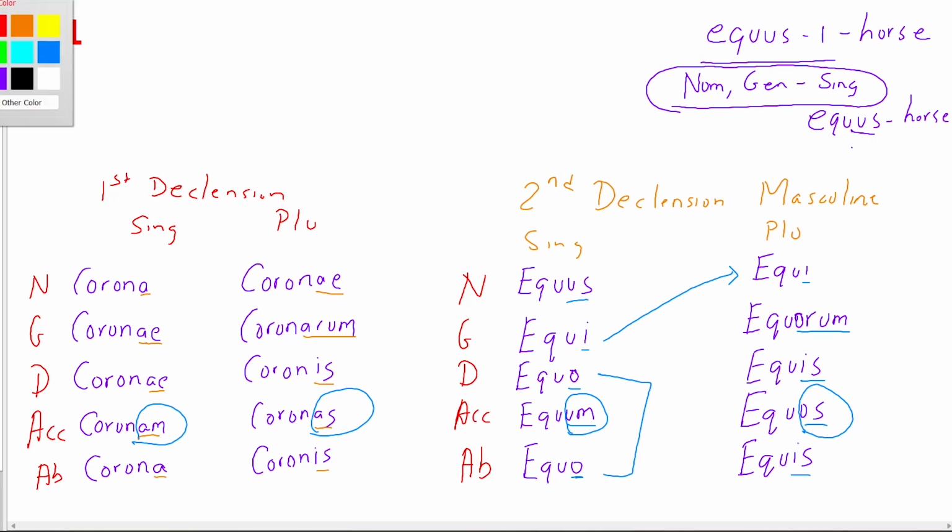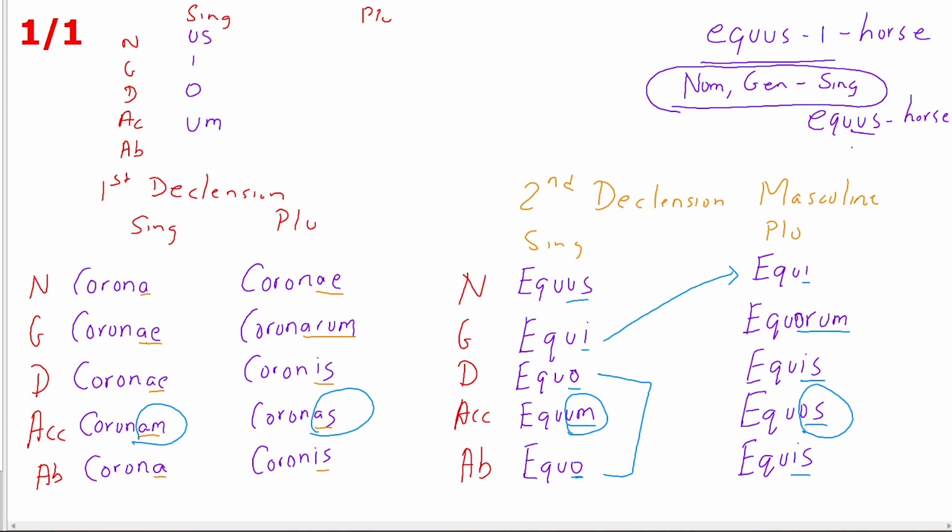Okay, so if we want to make a chart of the endings of the second declension, in the nominative it would end with us, genitive i, dative o, accusative um, ablative o, and the plural nominative ends with i, genitive ends with orum, dative is, accusative os, and ablative is.